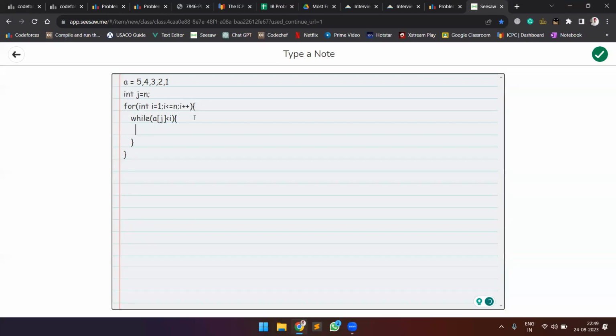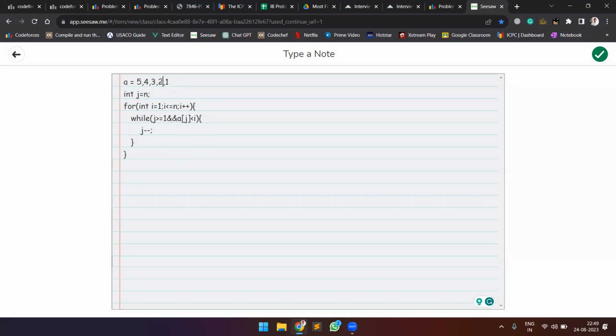We have to put one more condition: j is greater than equal to 1, because 1 is the first index, can't go beyond that. If j is greater than equal to 1 and a of j is less than i, what does it mean? Like if I increase i equal to 2, then what would happen is 1 would be less than it.